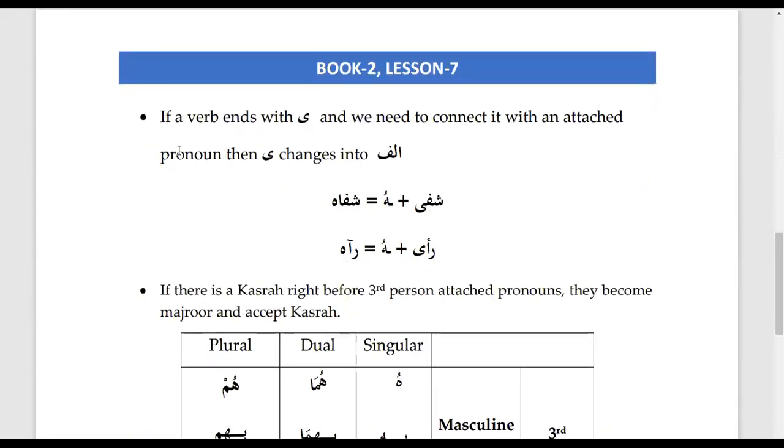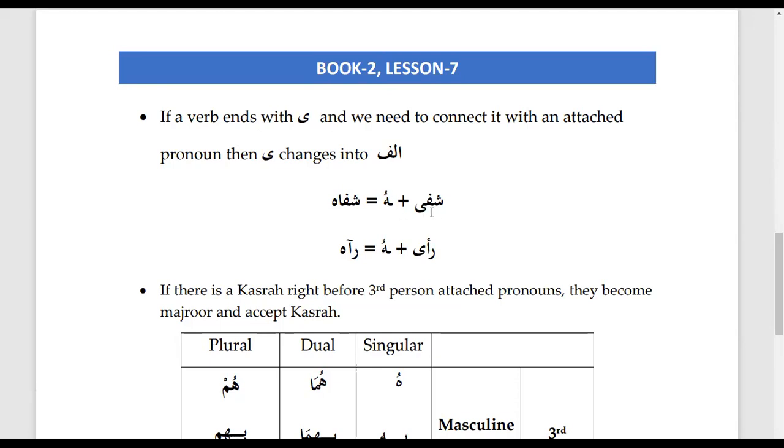Okay, here now we are talking about the verb. If a verb ends with ya, do you remember any verb that ends with ya? Ra'a. Yeah, we have learned this. So when the verb ends with ya, and if we want to connect it with the attached pronoun, then ya changes into alif.